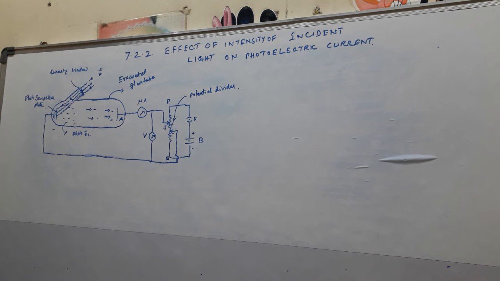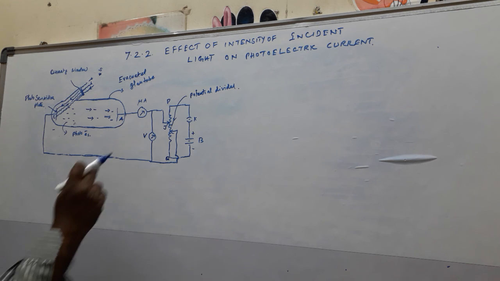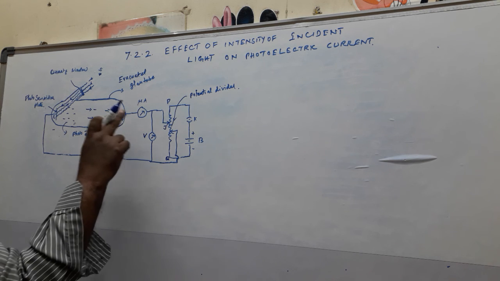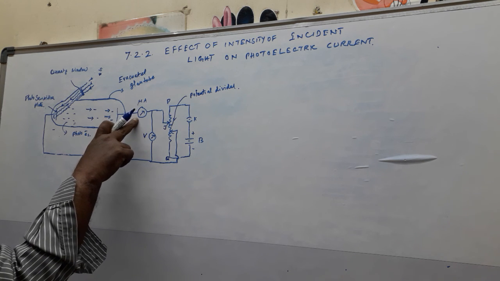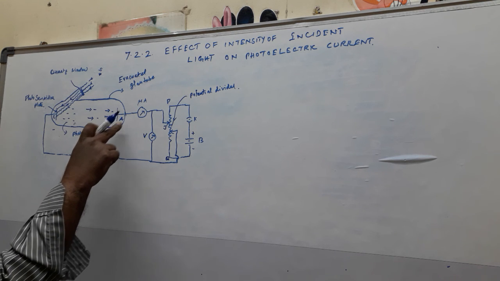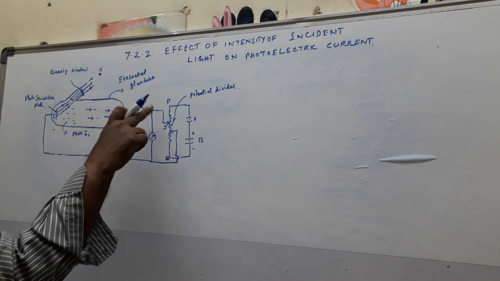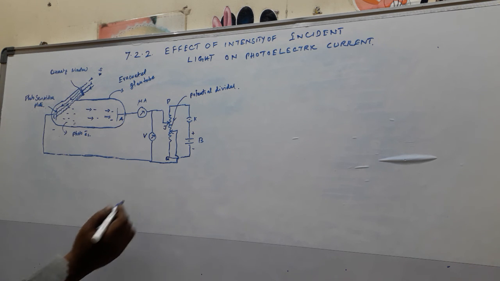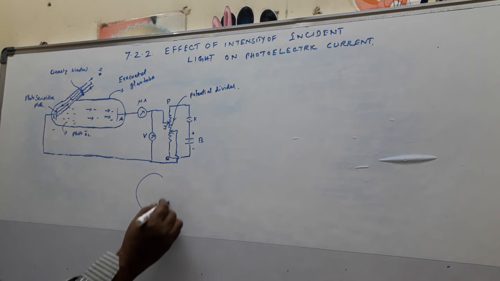Now, a microammeter and a voltmeter, both are essential here. The first one, the microammeter, is useful to measure the photoelectric current. That's why it is connected in series. Whereas the voltmeter here is like this.